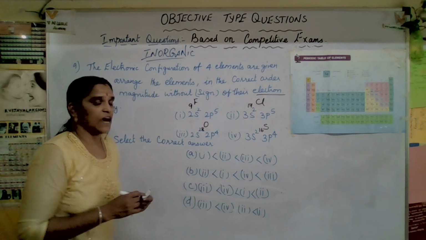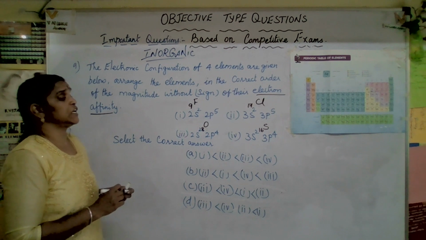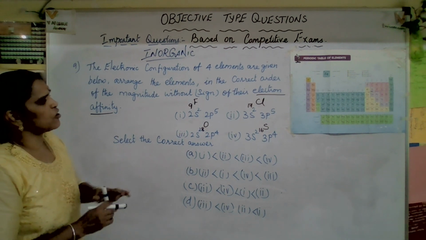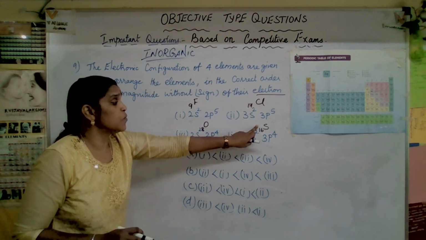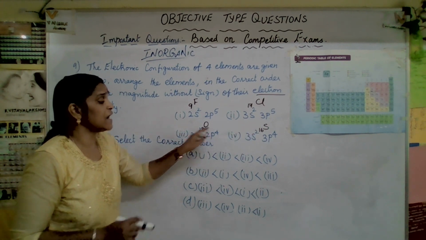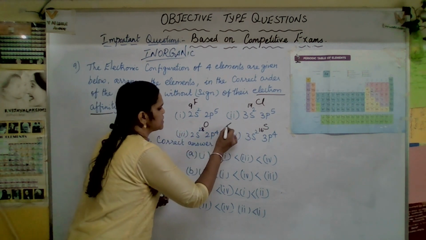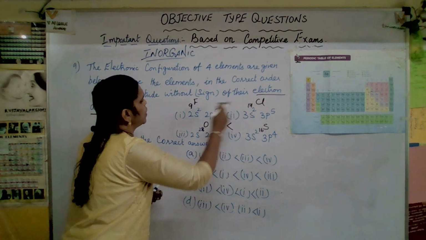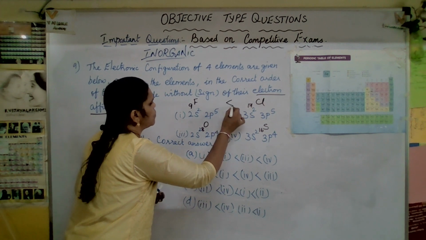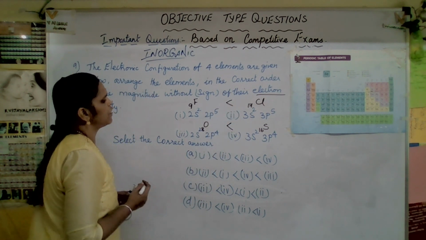Now we have to check the electron affinity, which element has more electron affinity, according to the order. Sulfur has more electron affinity than oxygen. The same way, chlorine has more electron affinity than fluorine.